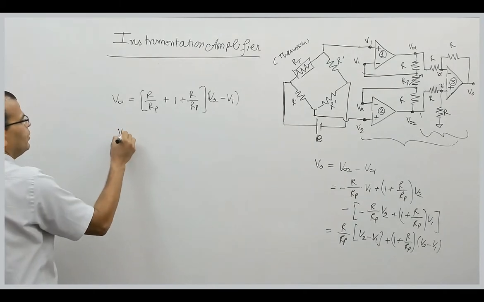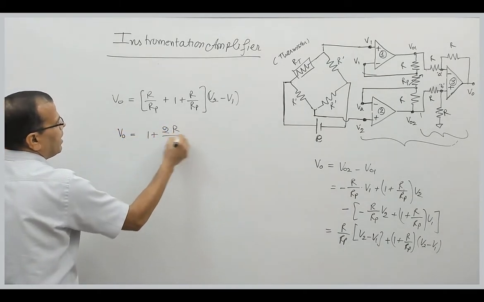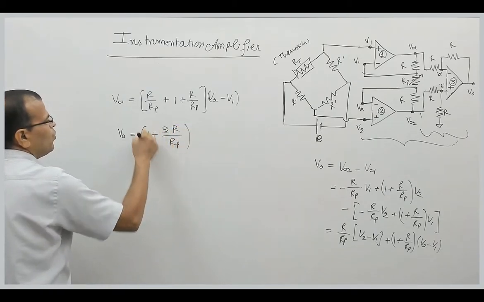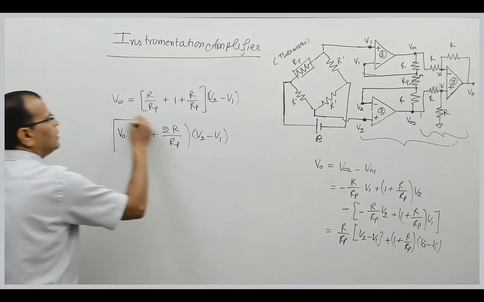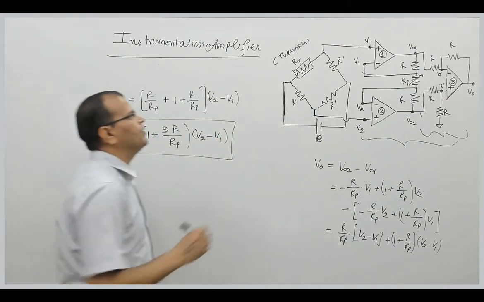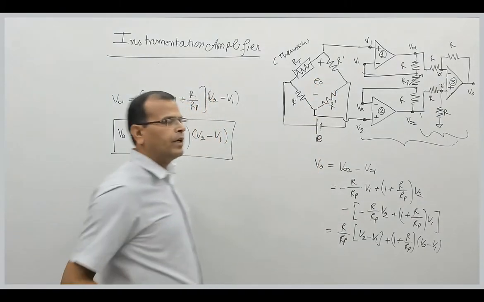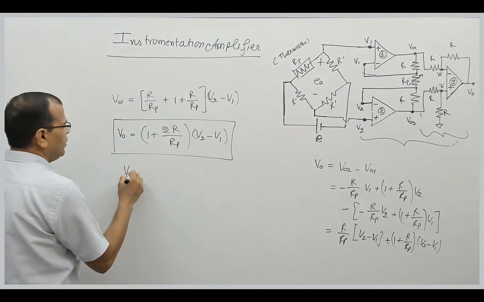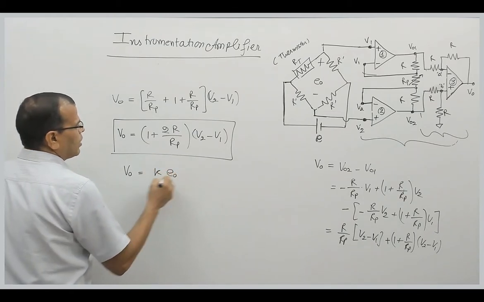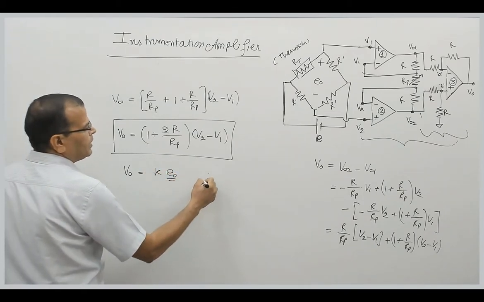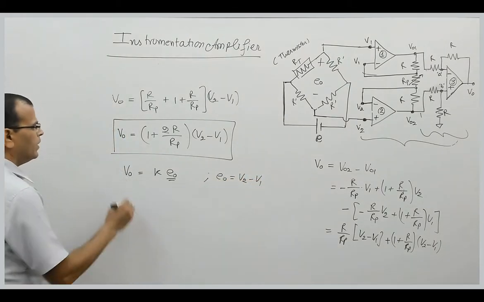Or this gives V naught equal to 1 plus twice R by RP into V2 minus V1, right? So this is the output. If the output of this circuit is E naught, then V naught equals K into E naught. E naught is the output of the bridge circuit, that is V2 minus V1, right?